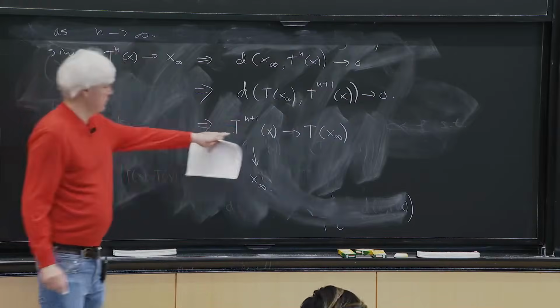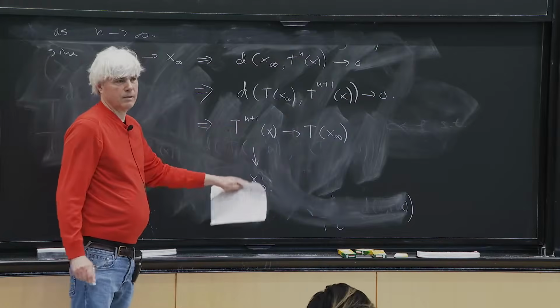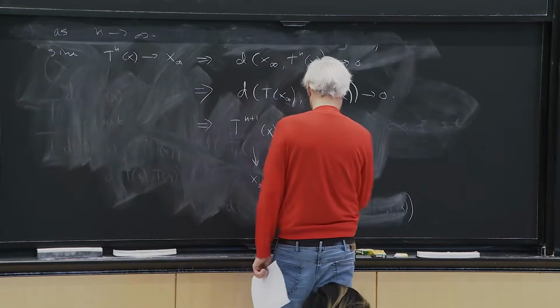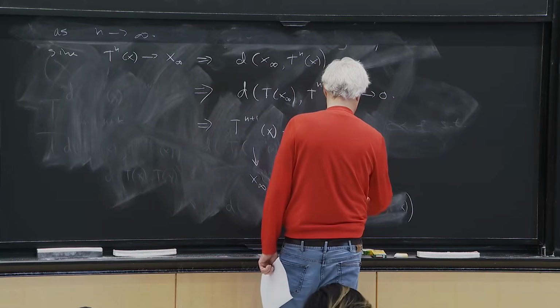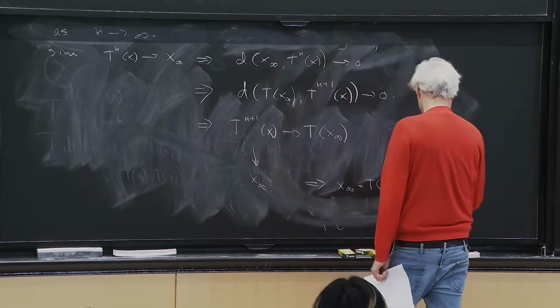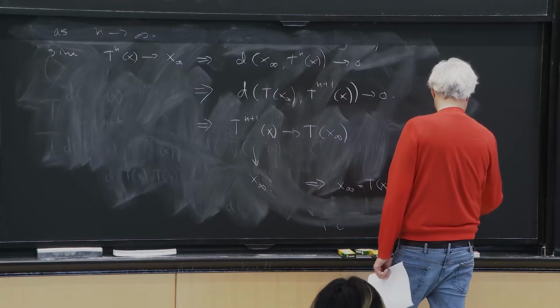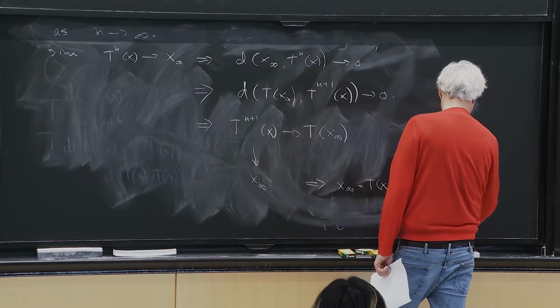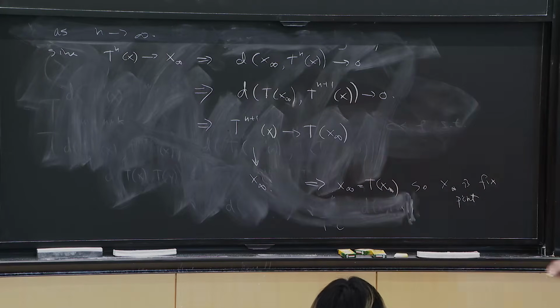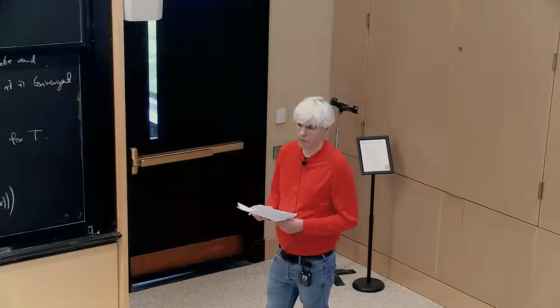So it converges to this and it converges to that, but it can only have one limit, so those two things are equal. So you conclude that x infinity is equal to T of x infinity. And so x infinity is a fixed point. Right, so this proves this theorem. And again, we already knew that the limit was unique, right?